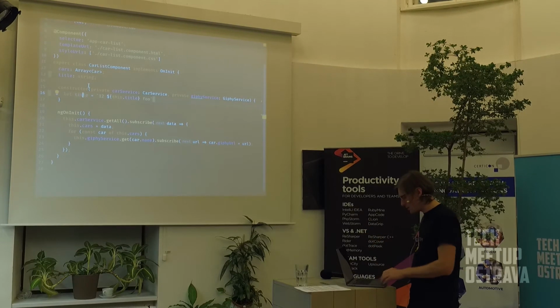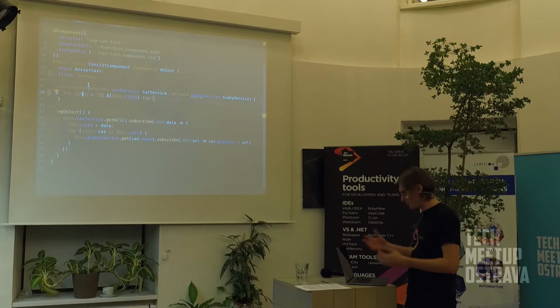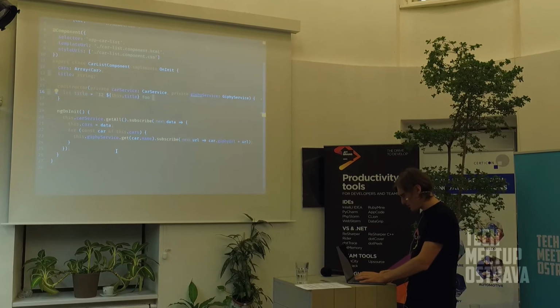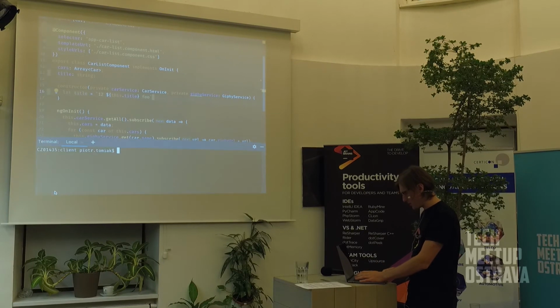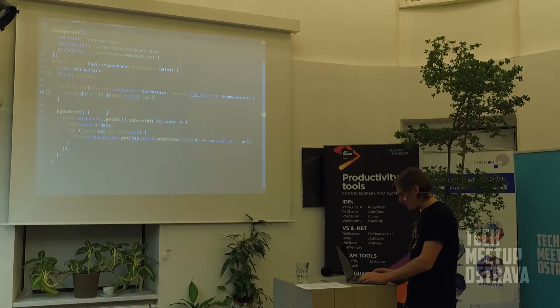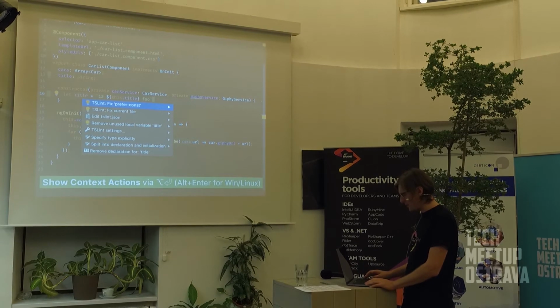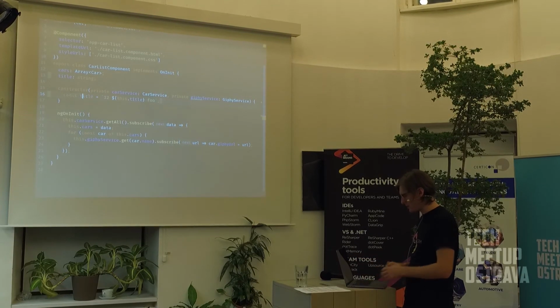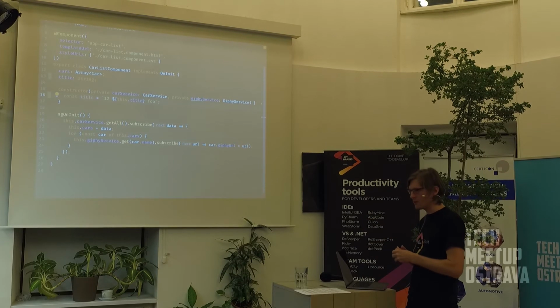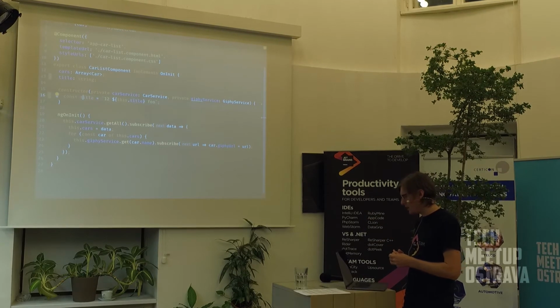So I can run the linter in the terminal, but for that, I mean, it's not that bad actually. The terminals are already integrated with IDEs, but it's much better if I open the context action and I either fix only this thing, or I can fix all the problems within the file immediately.